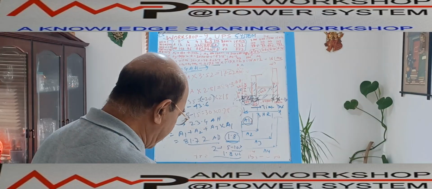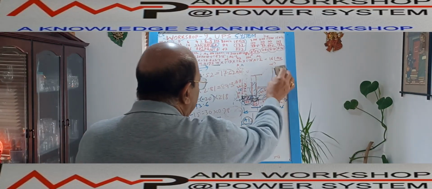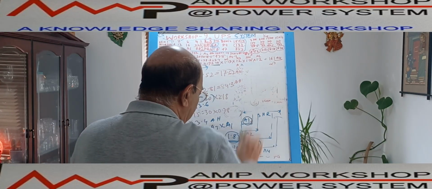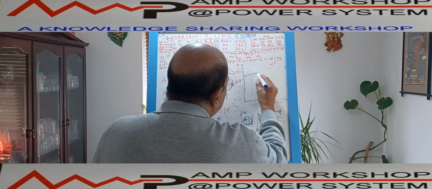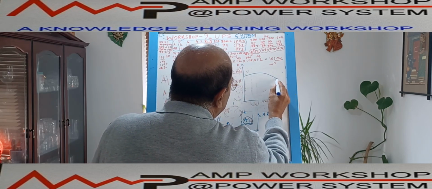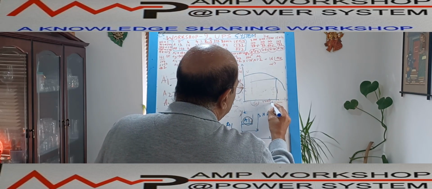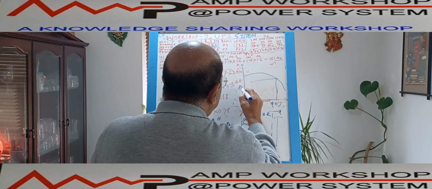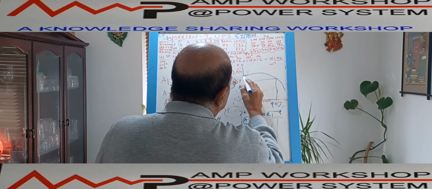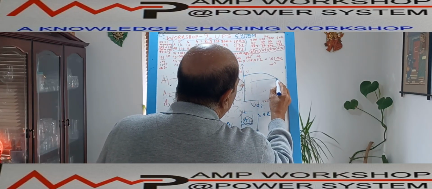If you look at the battery discharge characteristics over time, you can see them like this. The voltage is on this side and the ampere hour on this side. It will deliver this ampere hour and then drop at this point.